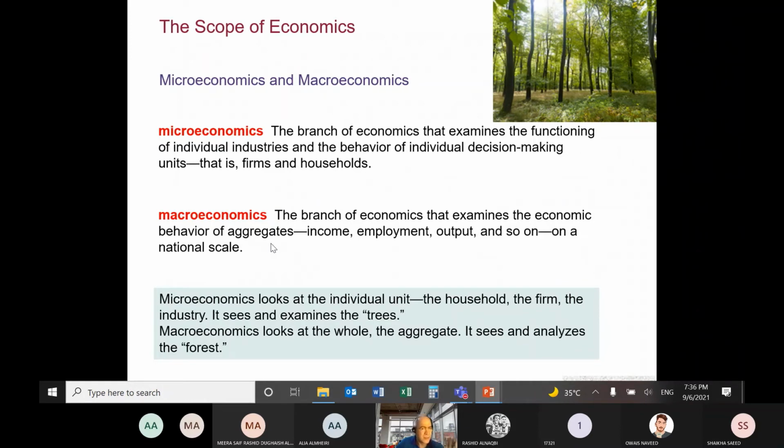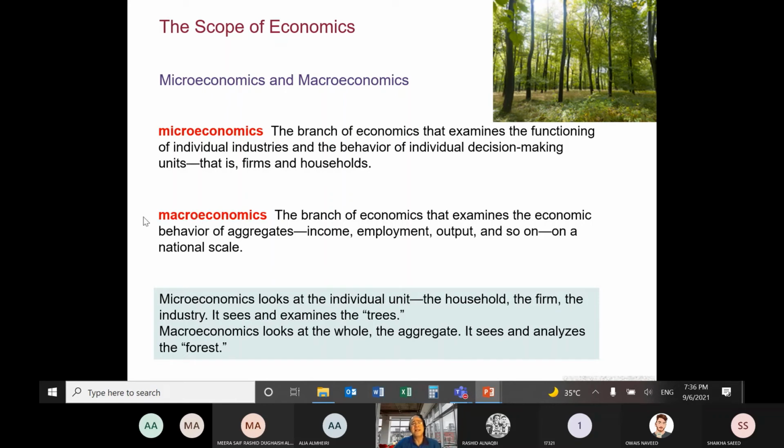See the difference? It's as if you are taking an airplane, going far away in the sky, and looking at the whole UAE. So see here, individual trees are related to microeconomics. The whole forest is related to macroeconomics.